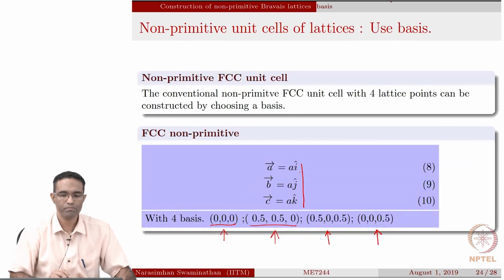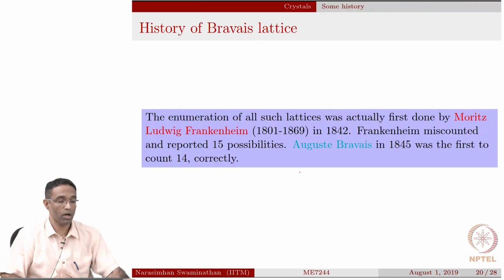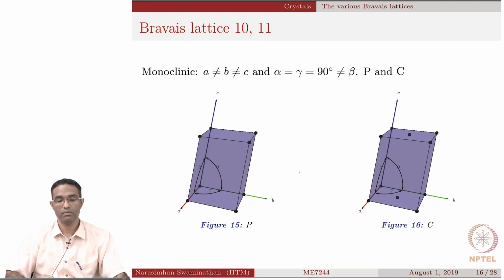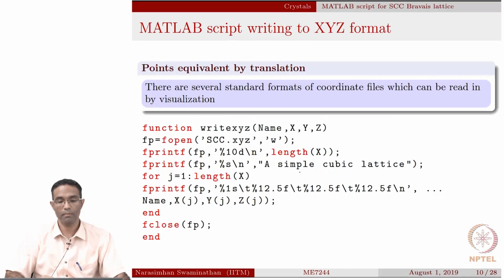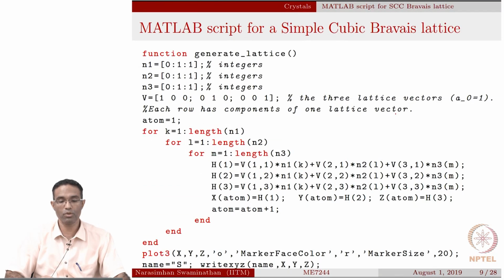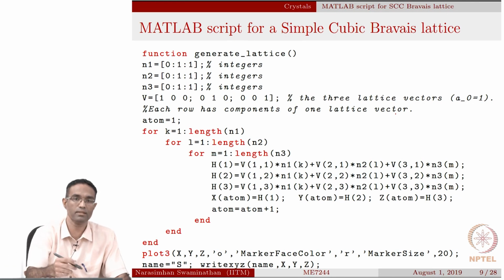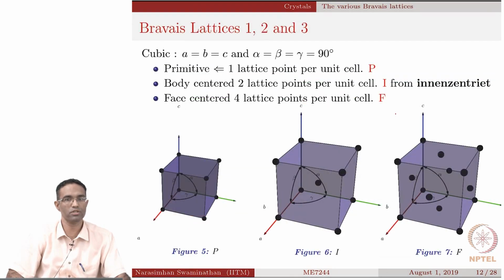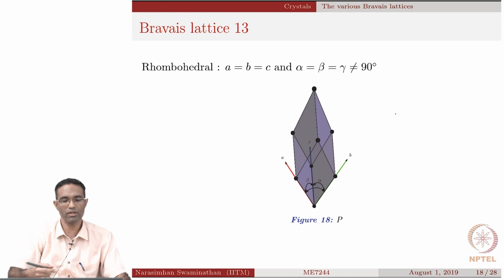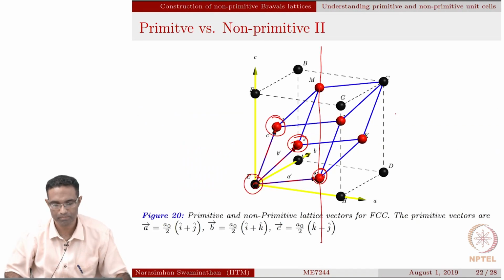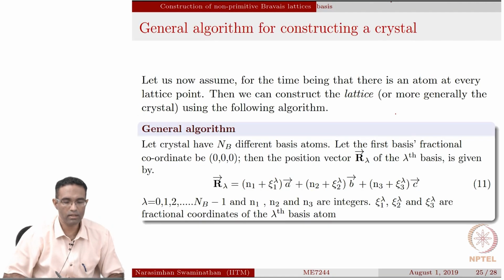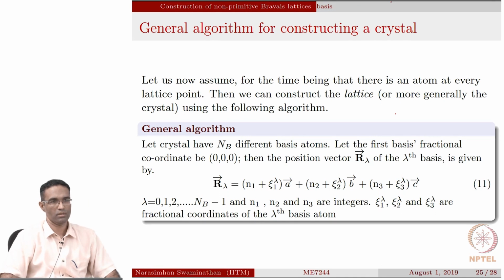So, we just saw a simple MATLAB program for the simple cubic structure that was primitive. There was no line or anything that said anything about the basis for the crystal structure, right? So, now we will try to construct the FCC lattice, and the general algorithm that is used in order to construct any crystal lattice is the following.